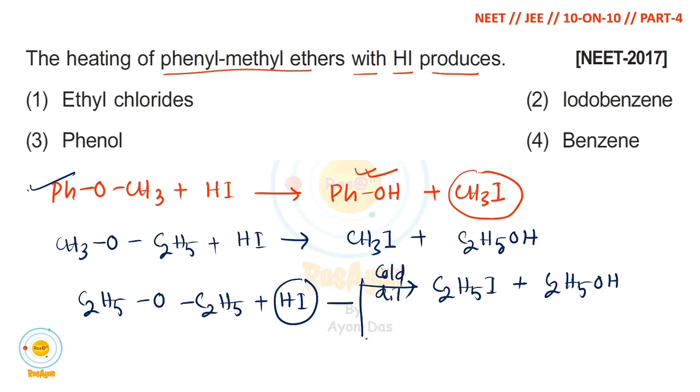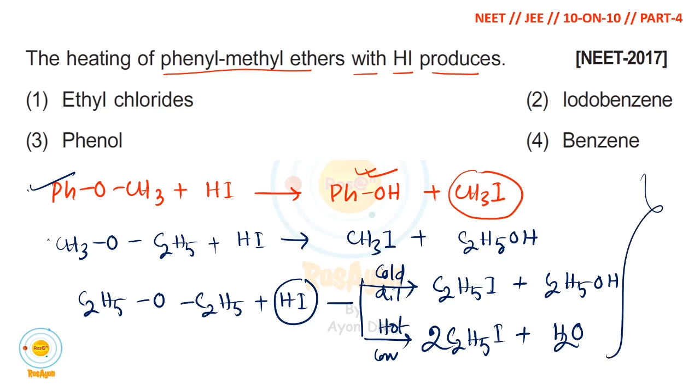If the HI is hot and concentrated, then it produces 2 moles of C2H5I with water H2O. So remember those equations, and for this question the first equation is applicable, so here the right answer is phenol.